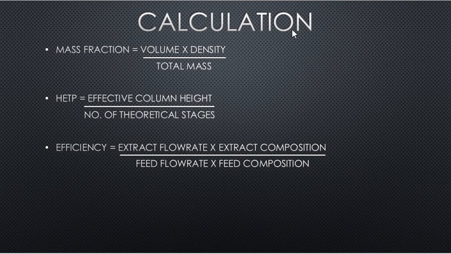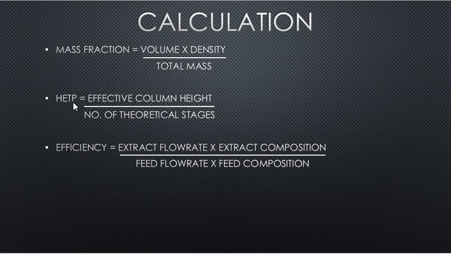So this is the calculation, or the formula, to calculate the missing data. The first one is mass fraction. We get the volume, multiply it by the density, and divide it by the total mass.